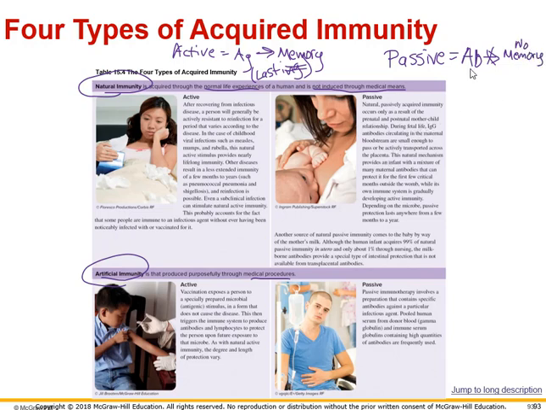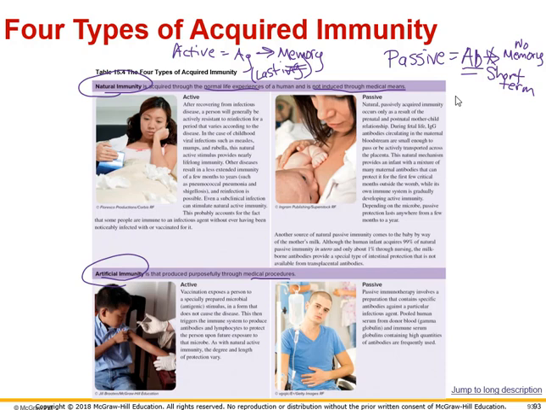So there's no response. You're just given the antibodies. They were produced outside of your own body. And so those are the 2 things. If it's active, you are given an antigen. If it is passive, you're given an antibody, no memory, and this is going to be short term.